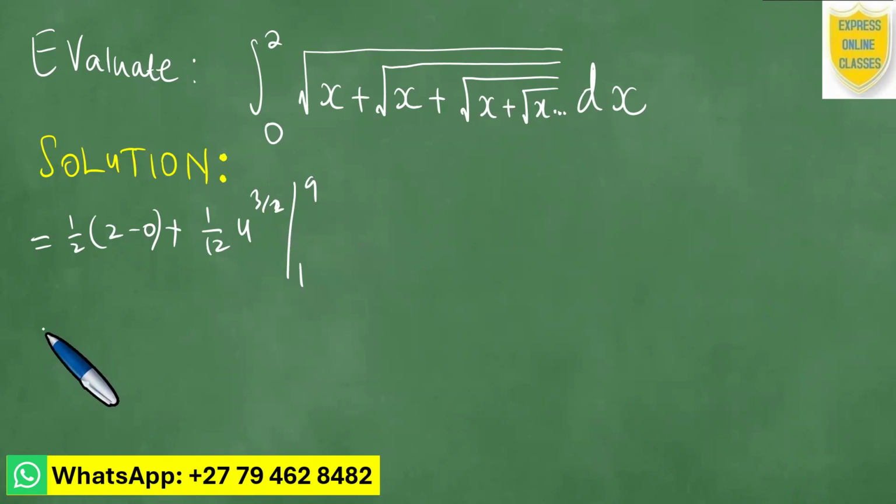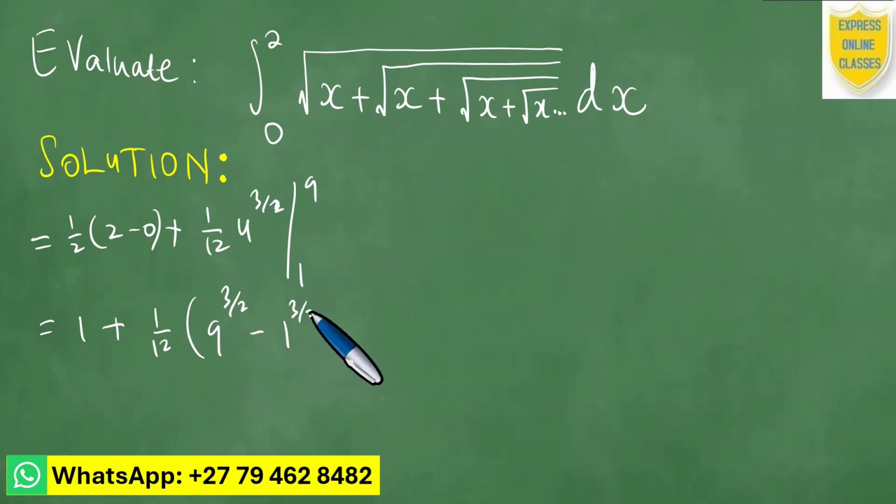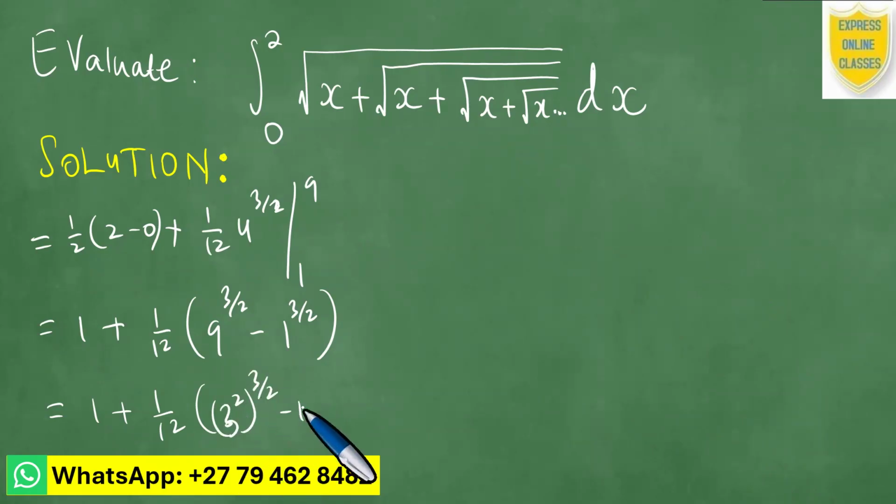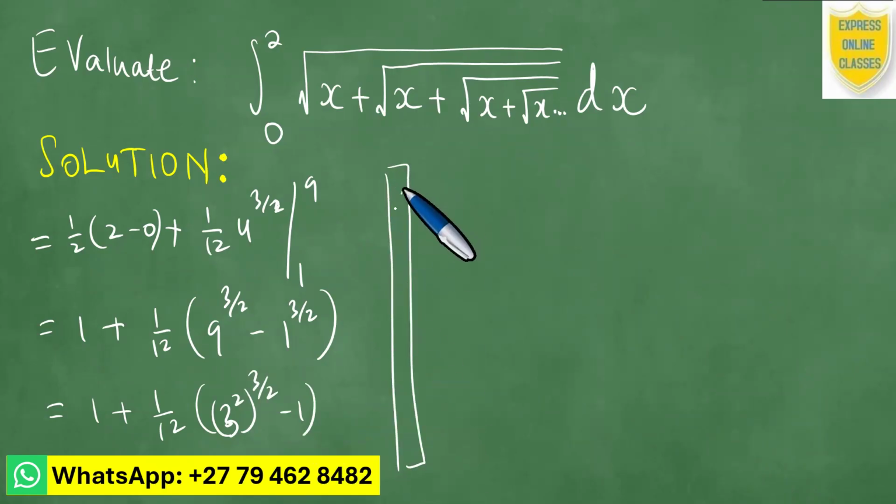From 1 to 9. Multiply this one by 1, which is 9 to the 3 out of 2, minus that, 1/12. And therefore 9 is 3 squared, or 3 by 3, being raised to 3 out of 2.